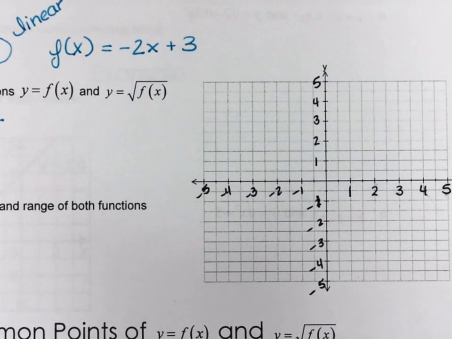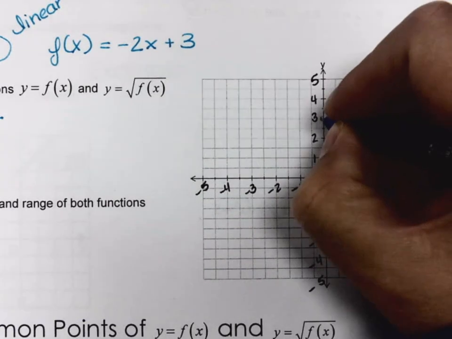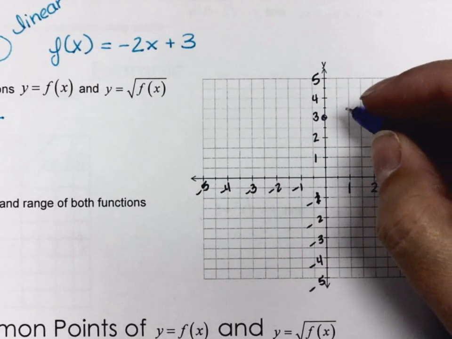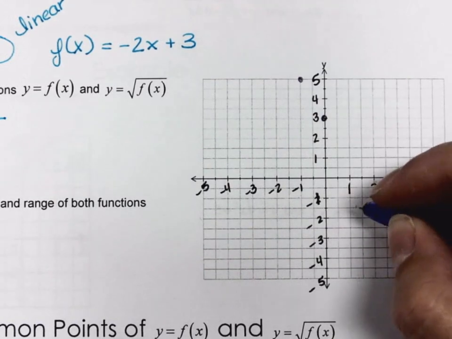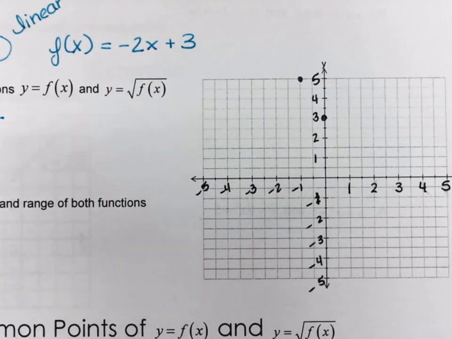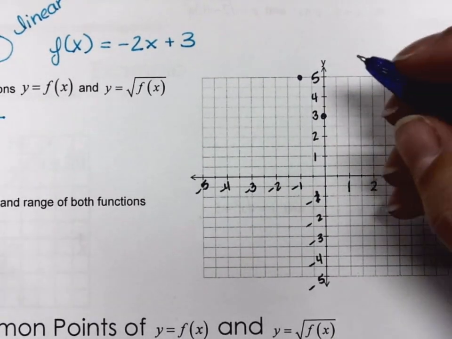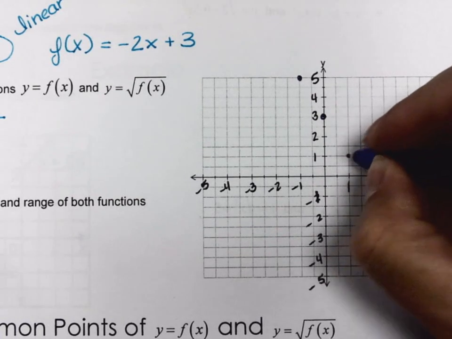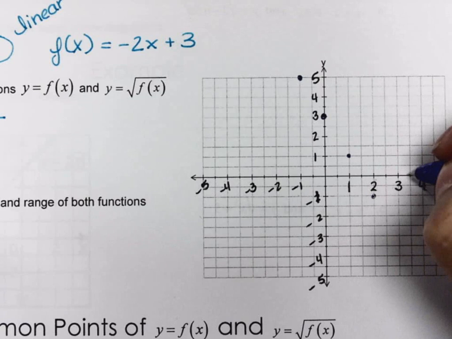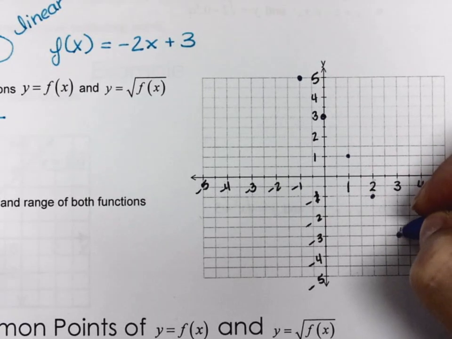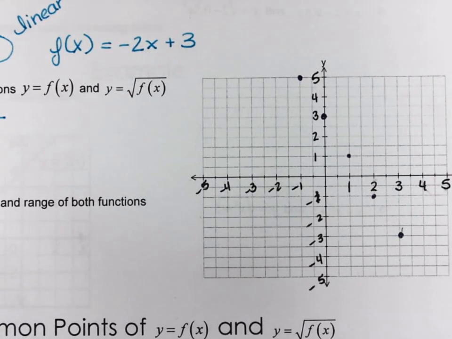All right, I'm going to plot those points. Pretty straightforward. We know 0 and 3, -1 and 5. And then that -2 is going to go off my graph, so I'm not going to graph it. 1 and 1, 2 and -1, 3 and -3. And if I did that right, oops, dropping my ruler.